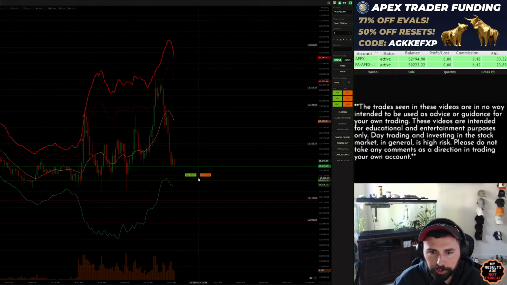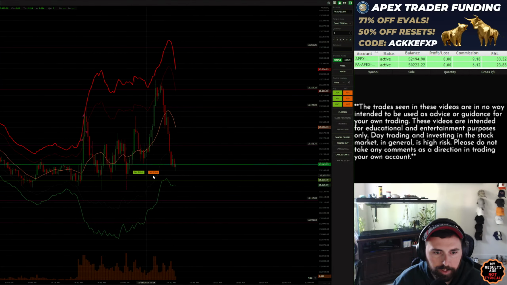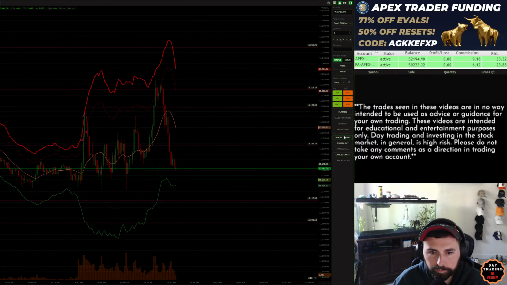Push, push, push. It just feels like they might be happy with this area being the bottom. To be honest, I want the big push down and then the reclaim of this area. That's what I'd be looking for.